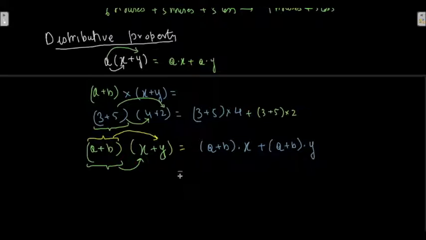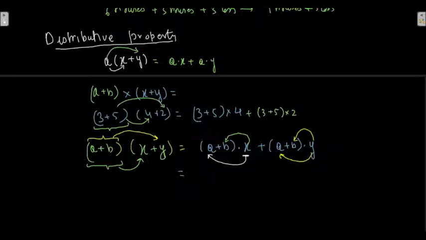Now to solve it further, the same distributive property will apply a second time. This x will first get multiplied by a, and subsequently by b. Similarly, y will first get multiplied by a, then by b.